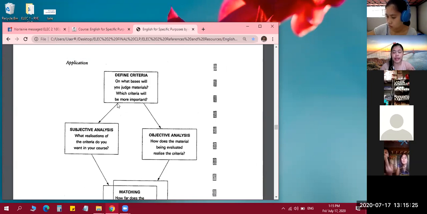In my case, I preferred the criteria in which both you and I can access the material. For example, this is our material, this copy. I'm referring to this book by Hutchinson and Waters.